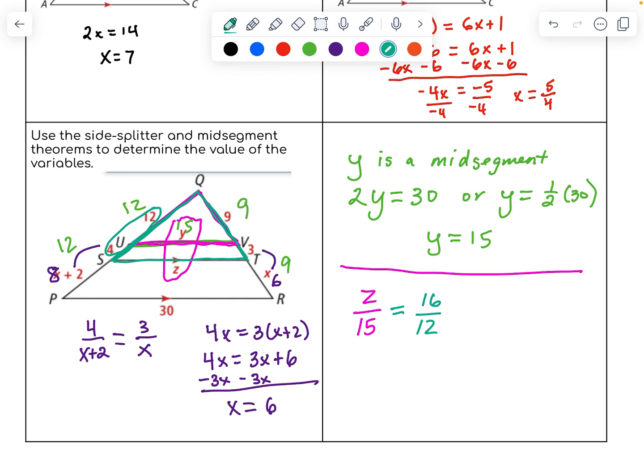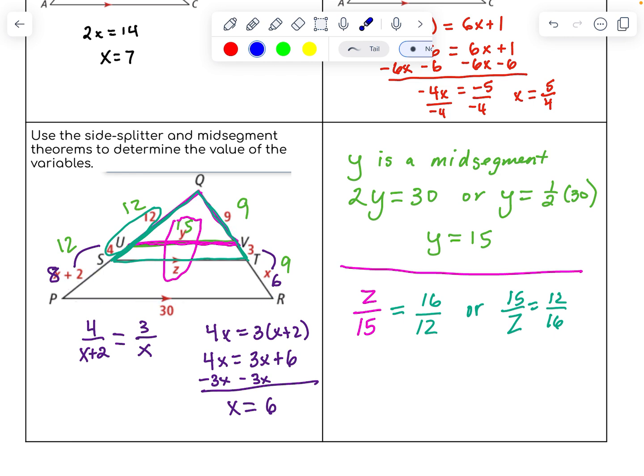Or if you went the other way, 15 to z equals 12 to 16. You could also use 9 to 12 because this is 9 to 12. Okay?